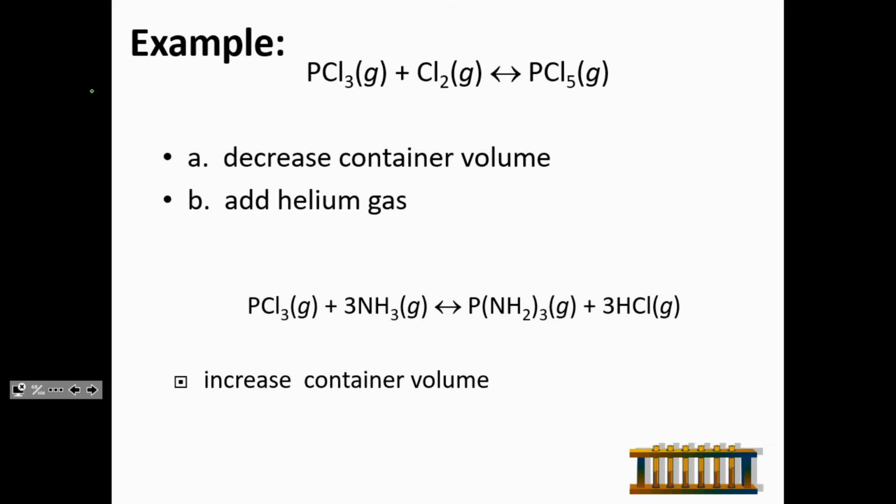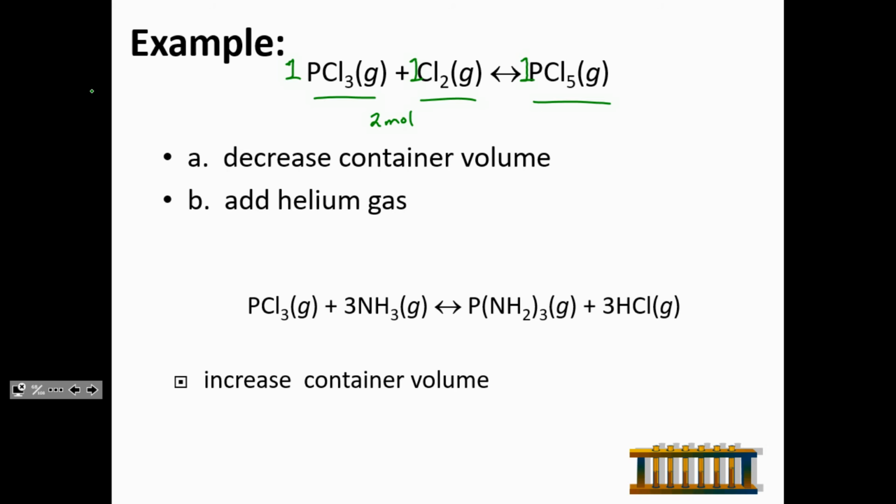Okay. Another example here for pressure. PCl3 plus Cl2 yields PCl5. We have a gas in several different places. 2 on the reactant side, 1 on the product side. So total, we've got 2 moles of gas over here because these are both 1 coefficients.